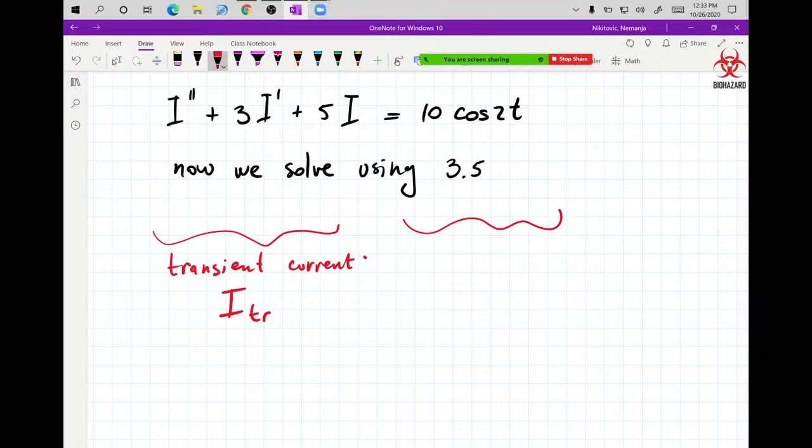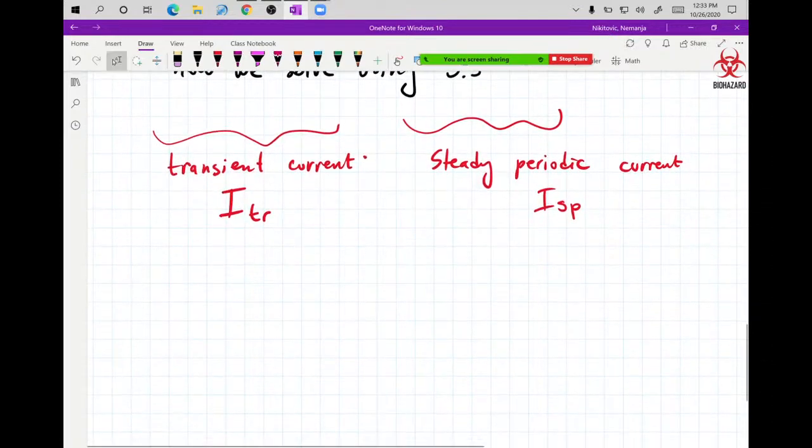And the other one is the steady periodic current, so I_SP. And together they create the solution for the current.